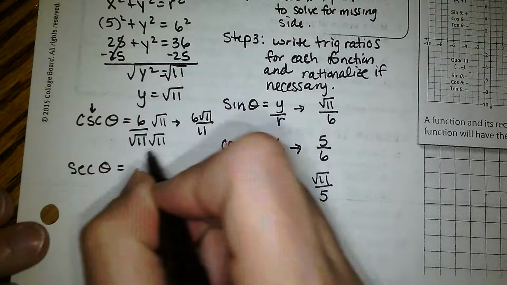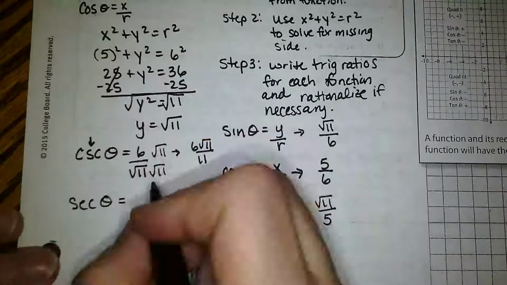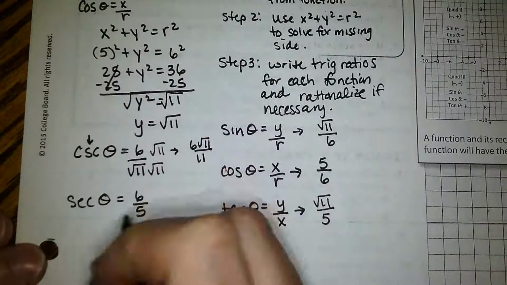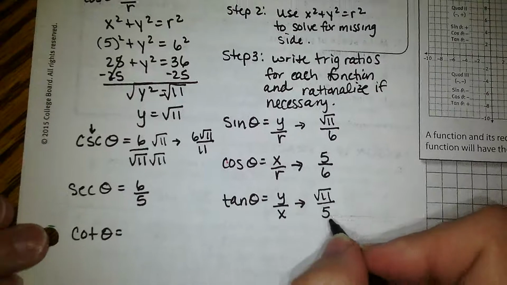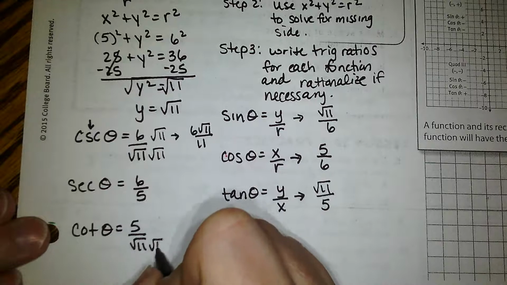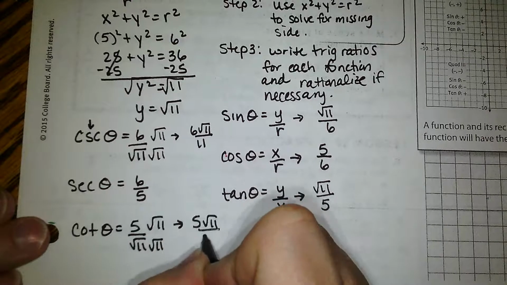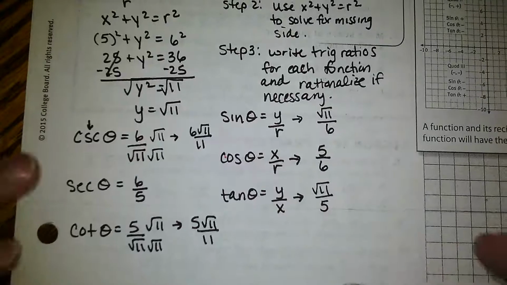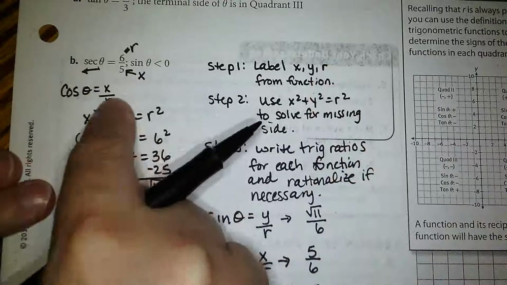And we already know that. They gave us secant, which was 6 over 5, so that's easy. And then cotangent, and cotangent is the reciprocal of tangent. So we would do 5 over square root of 11 and then rationalize that, and that gives us 5 radical 11 over 11.